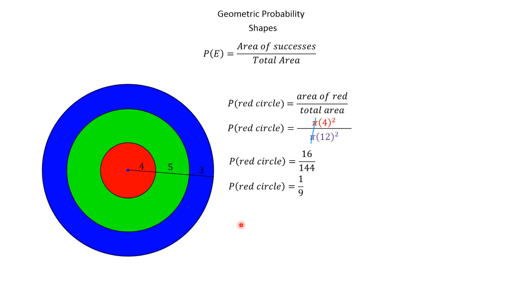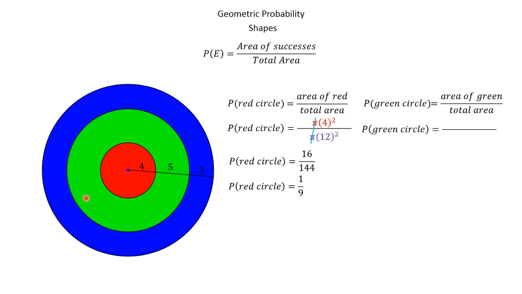The other way that this type of problem could be a little bit more challenging is the probability of the green circle. It's going to be the area of the green circle divided by the total area. And so the green circle, some people are like, well, that's just pi times 5 squared. No, areas don't work like that.